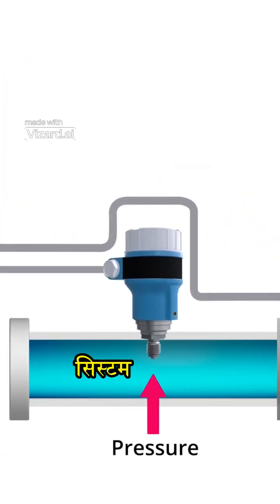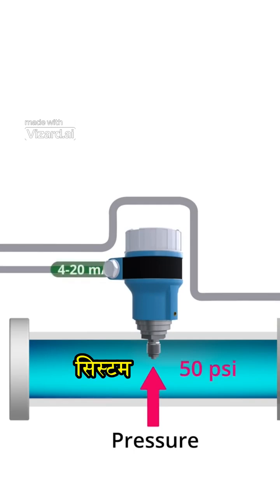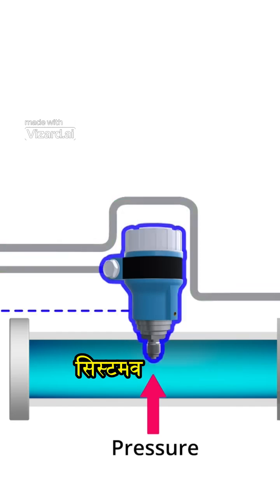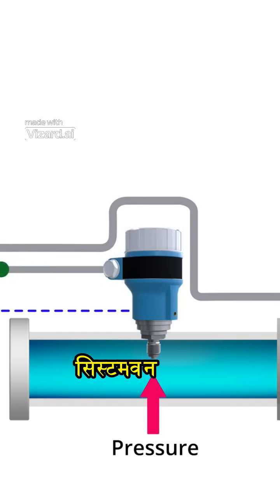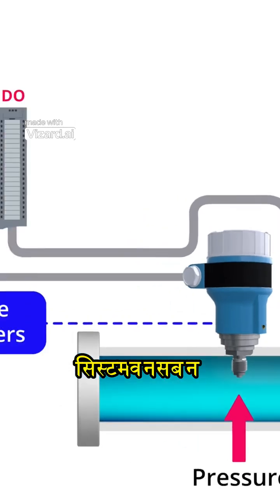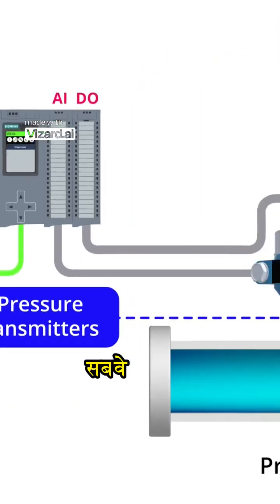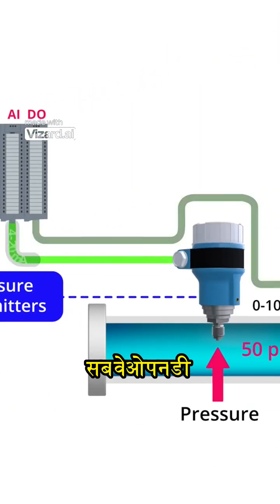We have a process control system where we need to open a valve when the pressure in a pipe reaches 50 psi. We can use a pressure transmitter calibrated to produce a 4 to 20 milliamps output for a pressure range of 0 to 100 psi. We need an analog input module on our PLC, and we need to scale the analog module and insert code into the PLC program so that the 50 psi value triggers an event to open the valve.